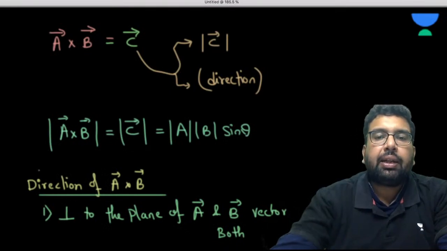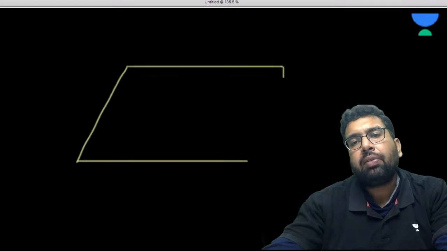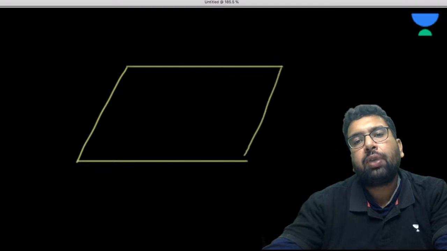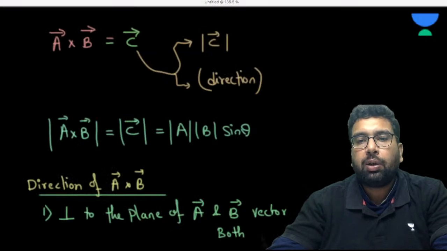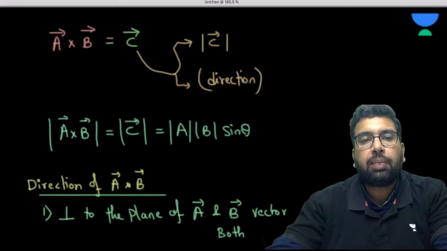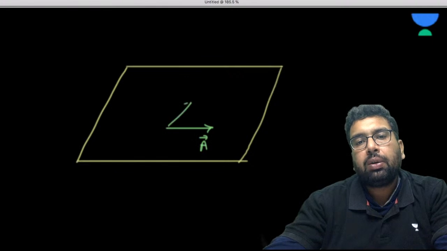Now please understand this. Let's have a plane. Please think carefully. Later we are going to simplify it much further when we develop some formula for it. The first information is that it is perpendicular to the plane. So let's suppose this is a plane, and vector A and vector B are two vectors lying in this plane, and they have the angle theta.